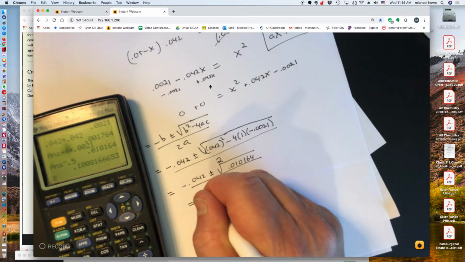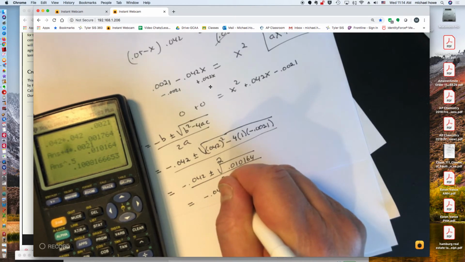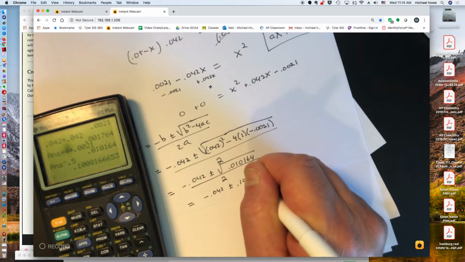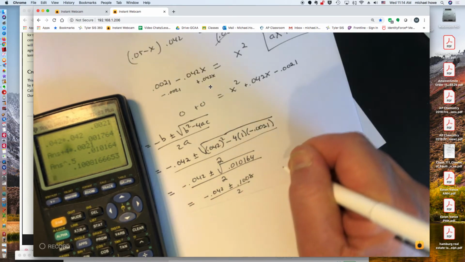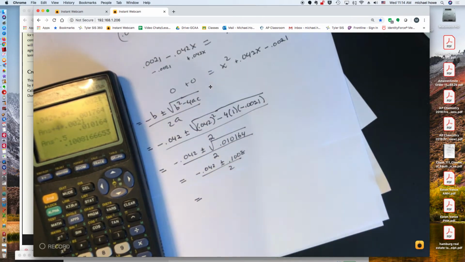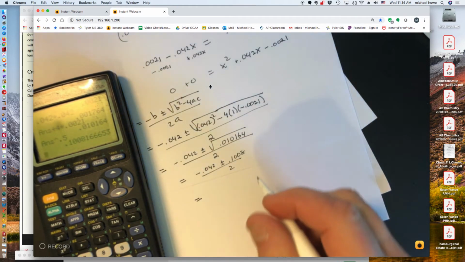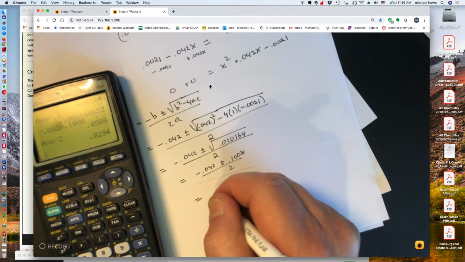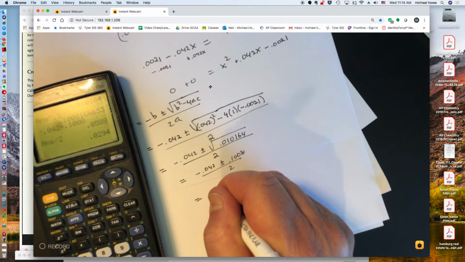So now I've got -0.042 plus or minus 0.1008, and all that's going to be divided by 2. All right, so going on down, -0.042 plus 0.1008 equals, then go ahead and divide by 2 equals, so I get 0.0294.